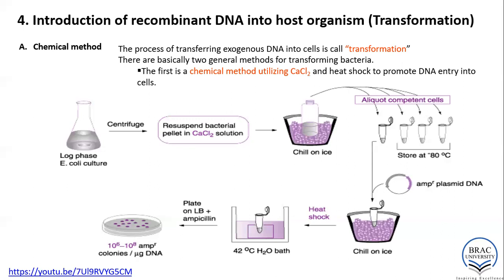The competent cells are treated with calcium, as I said, which creates pores in the bacterial membrane. This treatment may also mask the negative charge of the DNA and promote the binding of the DNA to the membrane.